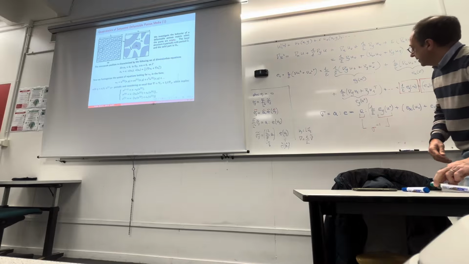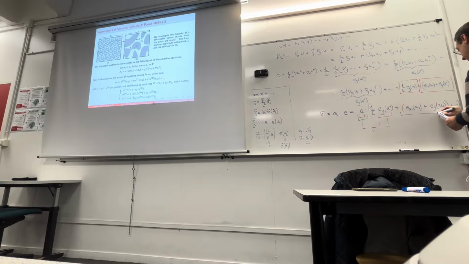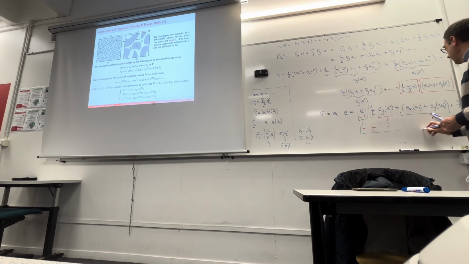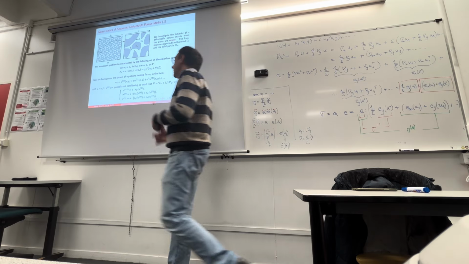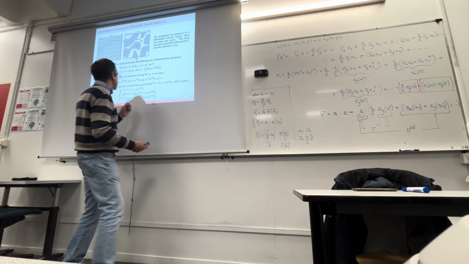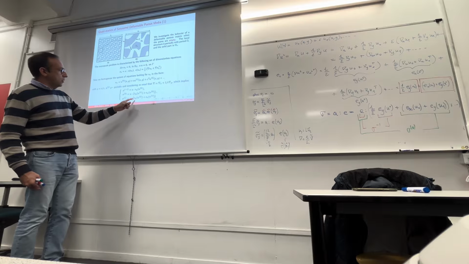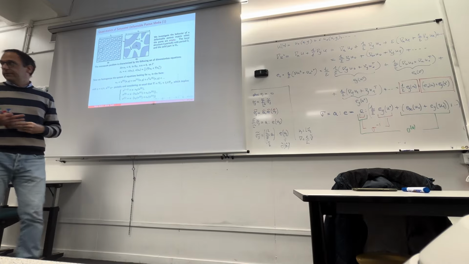The term A times Ex of u naught plus Ey of u1 I'm calling sigma naught, because it is the coefficient of epsilon to the power 0. If you go further, you will have a sigma 1, which will be A of Ey of u2 plus Ex of u1, and so on.